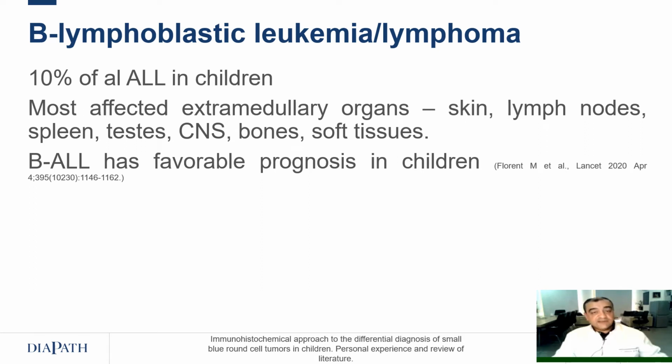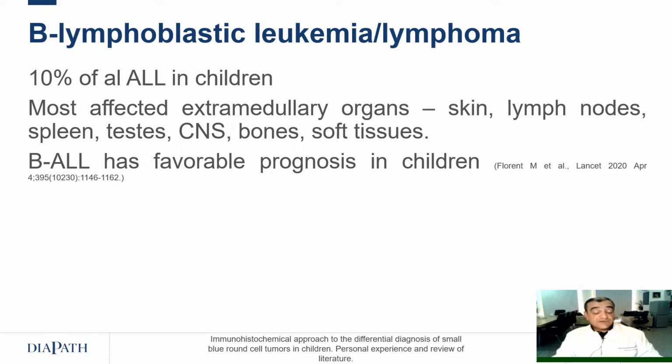our lymphoma leukemia group. As for B lymphoma leukemia, we know that roughly 10% of acute lymphoma leukemia cases in children are represented by the B lineage specific type. The most affected extramedullary organs in B-ALL are skin, lymph nodes, spleen, testes, central nervous system, bones, and soft tissues.